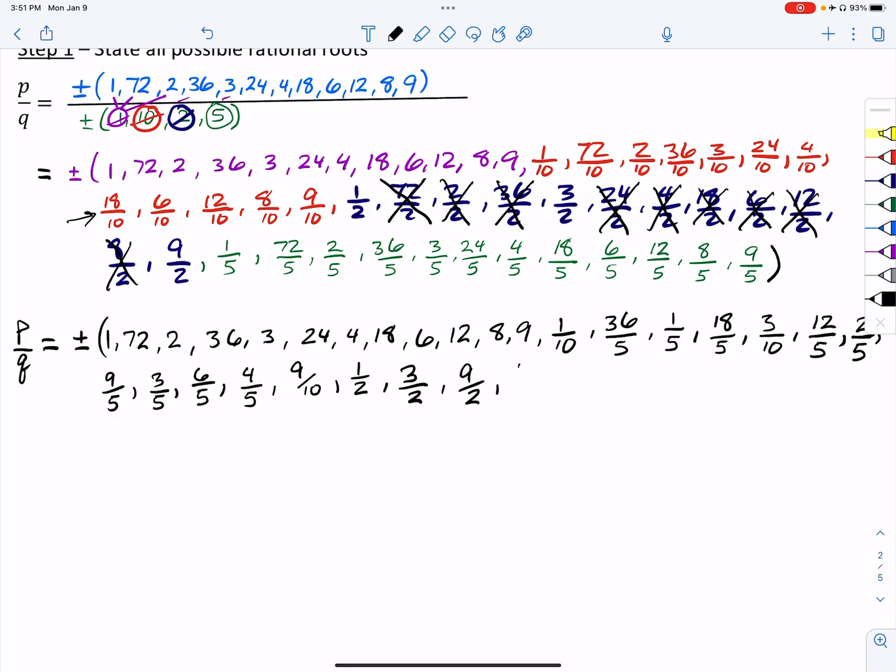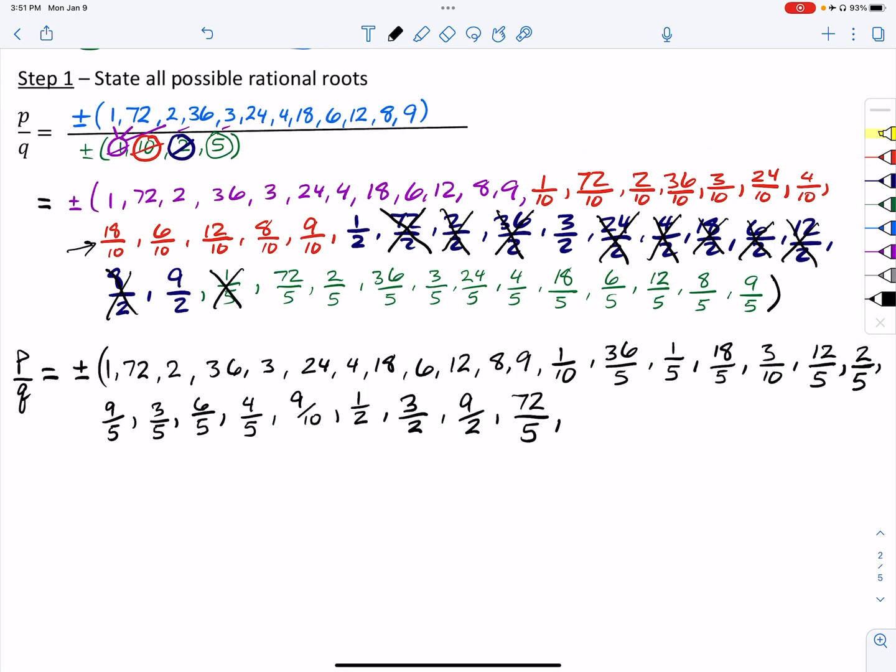Okay, then on to 1/5. Oh, 1/5, pardon me. We had that earlier, so there's a redundant. 72/5, though, we have not seen that. 2/5, yes, that was at the end of the last line, so that's a redundancy. 36/5, been there, done that. 3/5, 24/5, I think is new. 4/5, that's a repeat. 18/5, 6/5, repeat, repeat. 12/5, repeat.